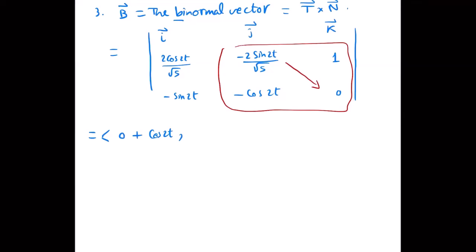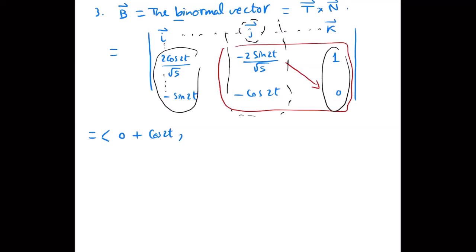Again, I reminded you last time, we cover the row and the column, and compute the 2 by 2 determinant here. Second thing, the J component. So let's go to the J component, cover this row and column, compute the remaining 2 by 2 determinant in the usual manner. The main diagonal to be multiplied, you get 0, you get minus sign by the formula.